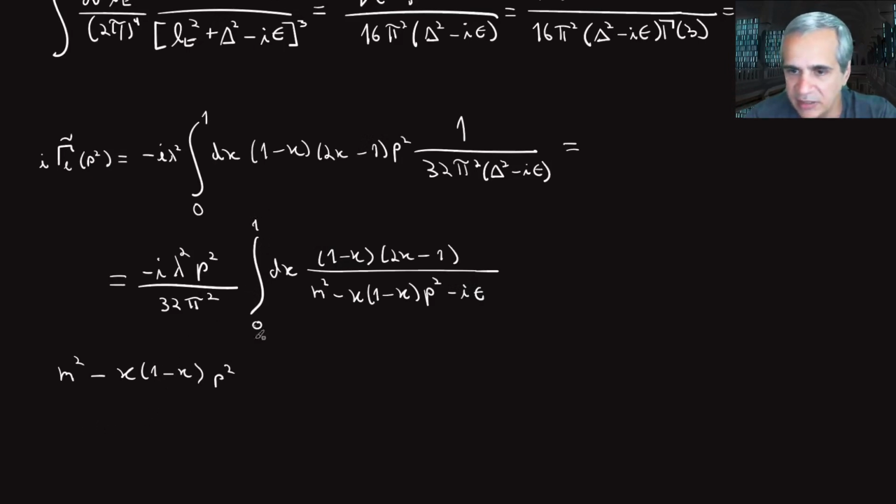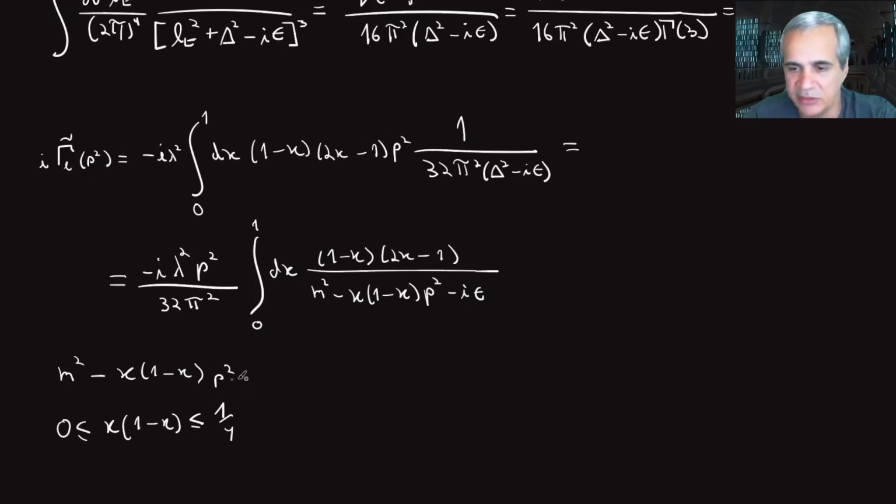You can see here, just by the limits of this integral, that x times 1 minus x is always positive. It is 0 at one end, 0 again at the other end, and in the middle it has its maximum value, which is 1/4. So this is bounded in that region and always positive.